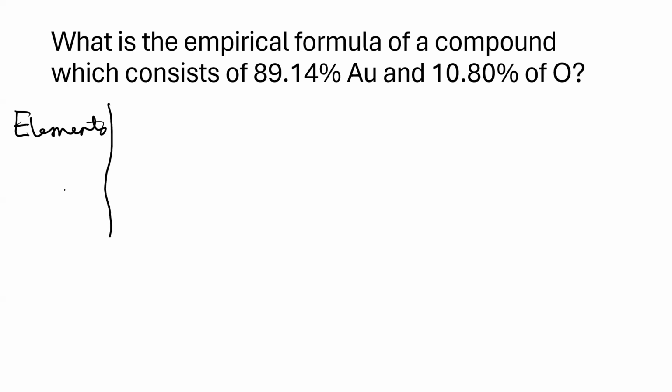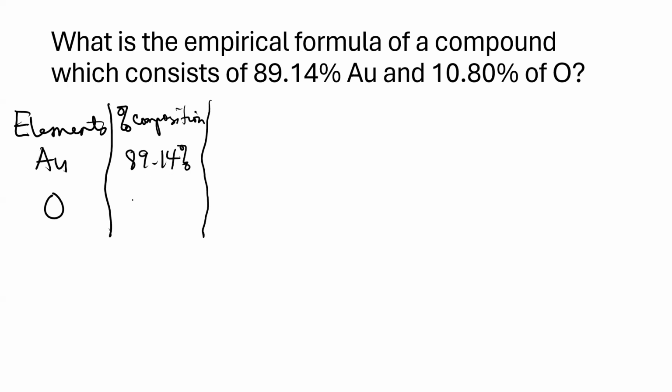In this case, you only have two elements, gold and oxygen. Now, unlike in the previous example, we have in this problem the percent composition of the elements within the compound. For gold, we have 89.14% gold, and for oxygen, that's 10.80%.